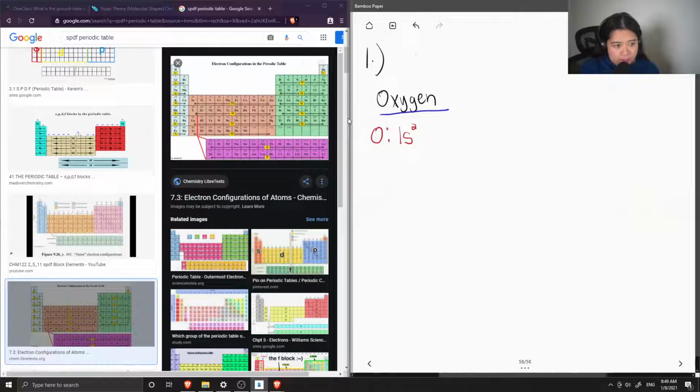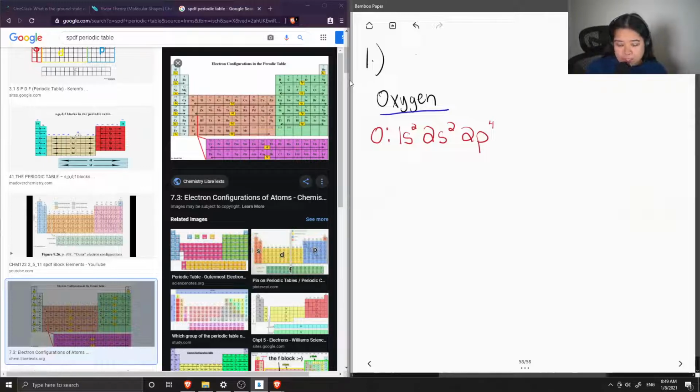So then moving down to the next row, we have 2s2, and then across to 2p, and then we count up to oxygen, so 1, 2, 3, 4. So the electron configuration of oxygen is 1s2, 2s2, 2p4.